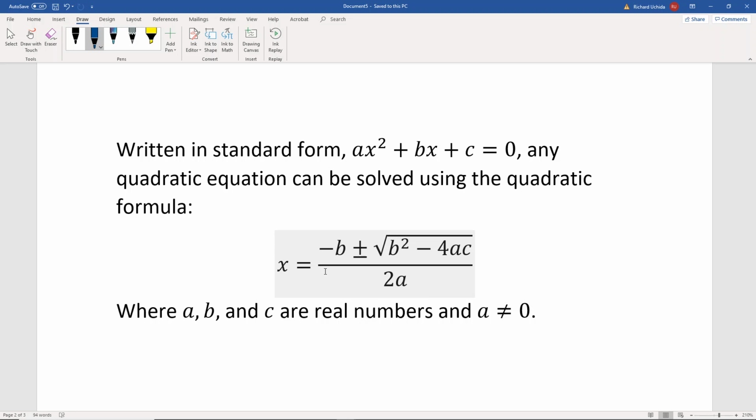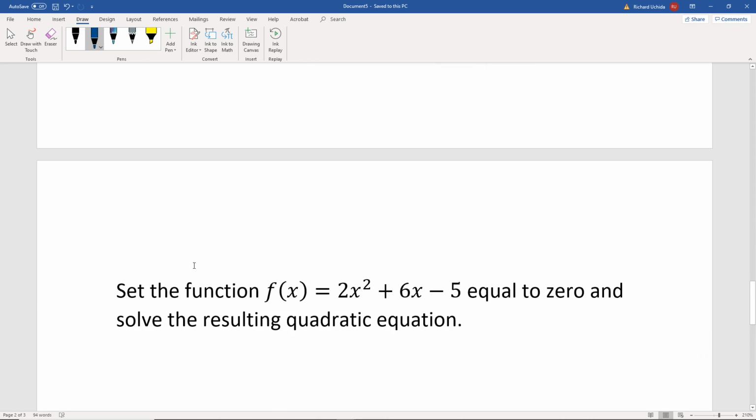If it's written in standard form, ax squared plus bx plus c equals 0, any quadratic equation can be solved using the quadratic formula, which is x equals negative b plus or minus the square root of b squared minus 4ac, all over 2a, where a, b, and c are real numbers, and a is not equal to 0, because then it would be a linear equation and not a quadratic one. So we'd use the quadratic formula in the cases when we can't factor or it's not easily factorable for the quadratic function.